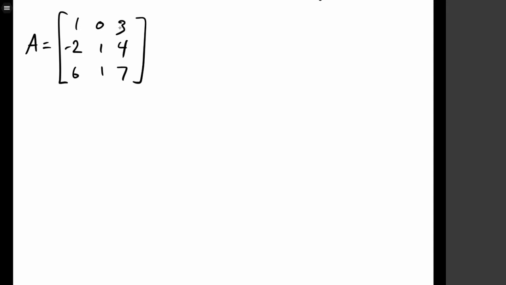Every entry has a minor and a cofactor. So let's say we look at the i equals 2, j equals 3 entry.